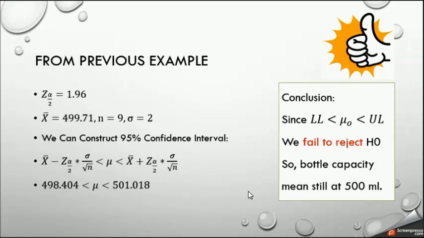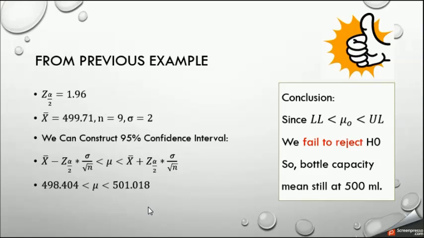The other conclusion, to reject the null, applies if mu naught is outside these limits. For example, if mu naught was larger than the upper value or less than the lower value, we would reject the null.